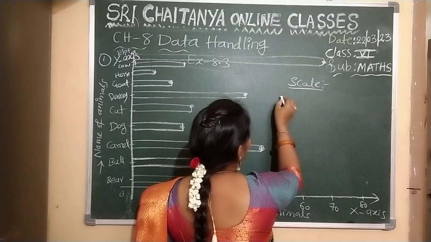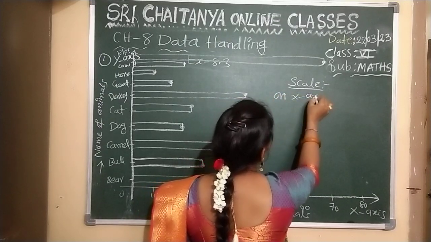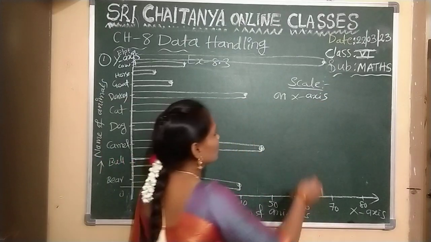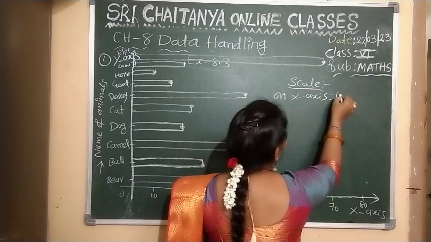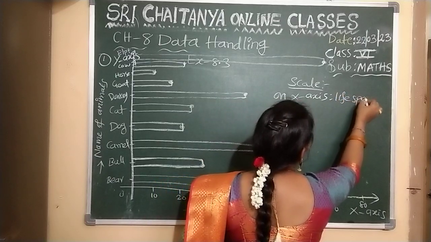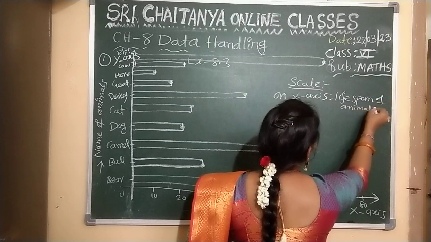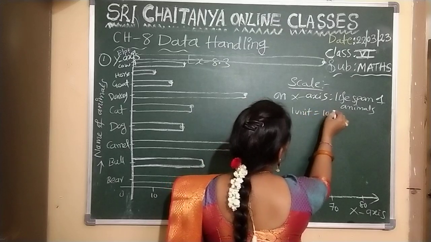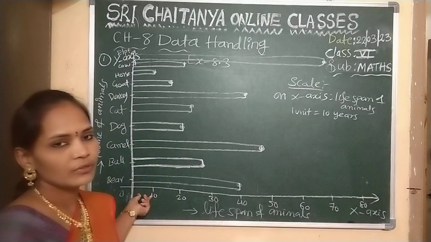How to write the scale? On the x-axis, what did we take? Lifespan of animals, frequency. One unit, what did we take? One unit, 10 years. On 1 unit, 10 years we took, right?